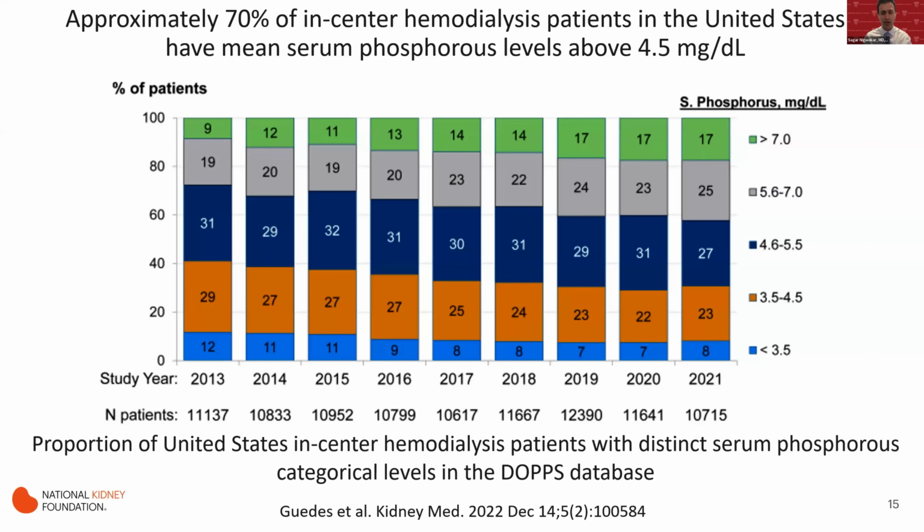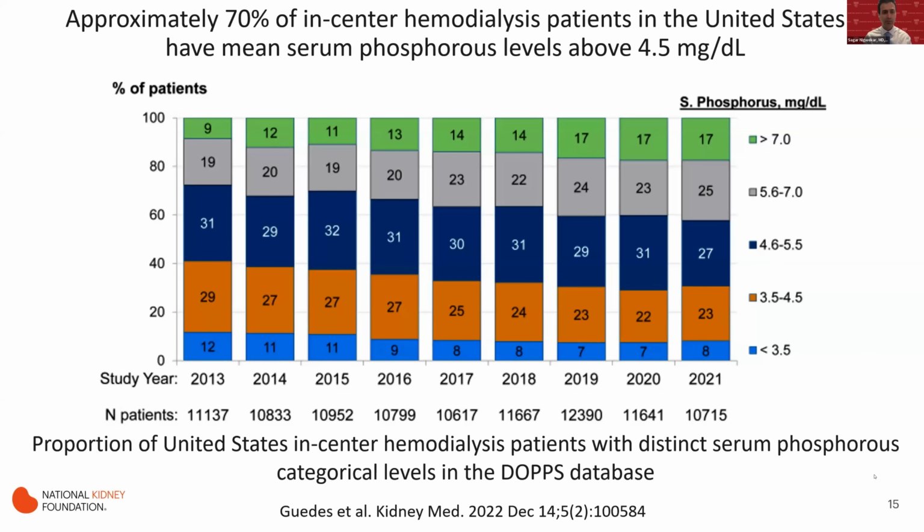So for example, light blue is individuals with phosphorus levels below 3.5, orange is 3.5 to 4.5, dark blue is 4.6 to 5.5, light gray is 5.6 to 7, and green is more than 7.